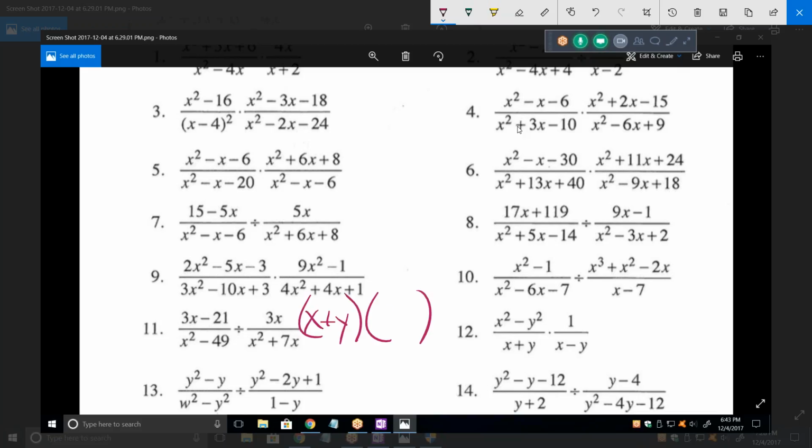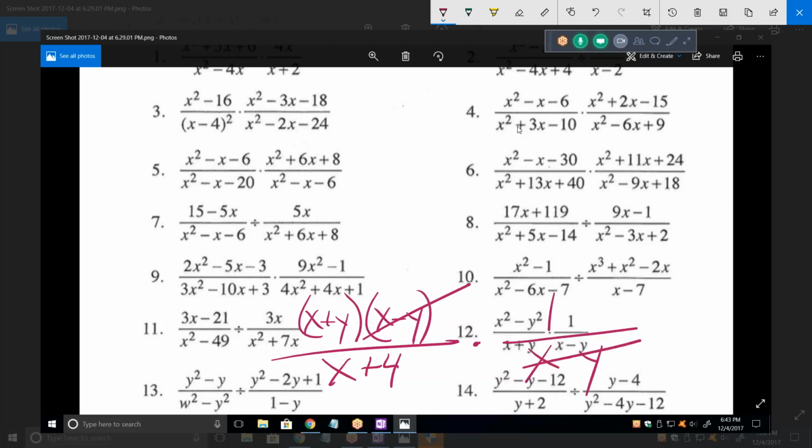Good. Over, then just x plus y. So that cancels with that. Now I meant to write a y. That cancels with that. What's my answer? It's just 1. Good.